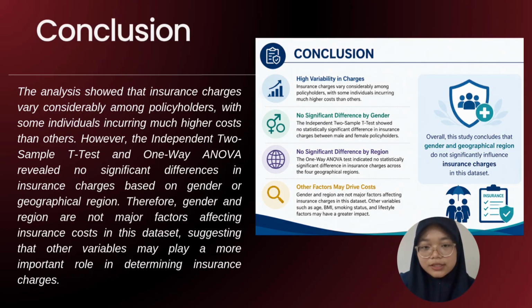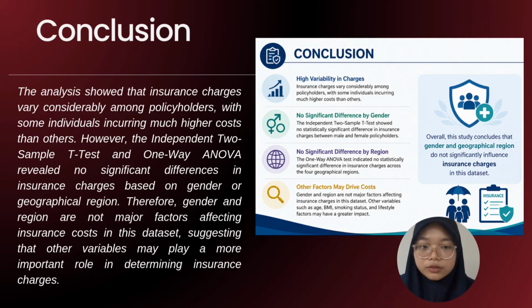In conclusion, the analysis found that insurance charges vary considerably among policyholders, indicating that some individuals incur much higher medical costs than others. However, the results of the independent two-sample t-test and one-way ANOVA show that there are no statistically significant differences in insurance charges based on gender or geographic region.